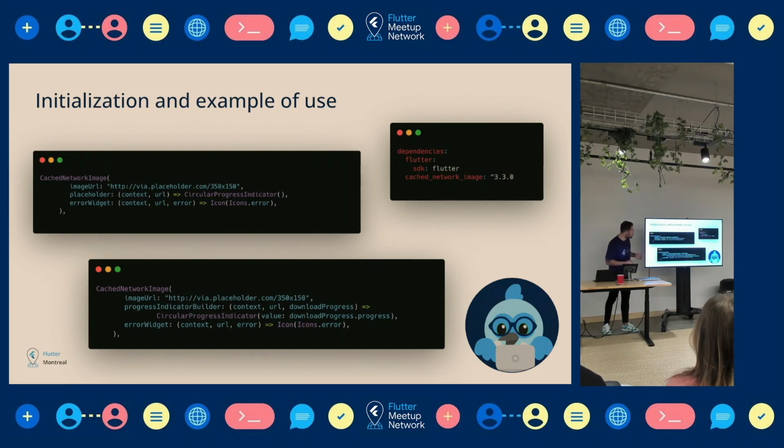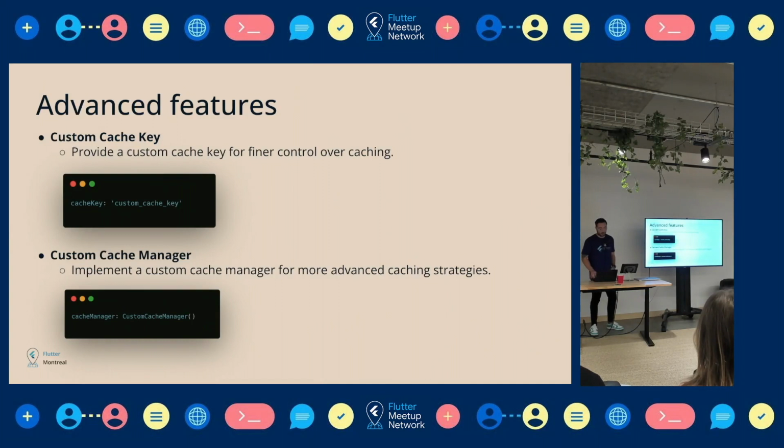And in some cases, we can use a progress indicator builder to show our download progress from the network. So that's really simple. There are also some advanced features like custom cache key or custom cache manager if you want to use another strategy for your cache.